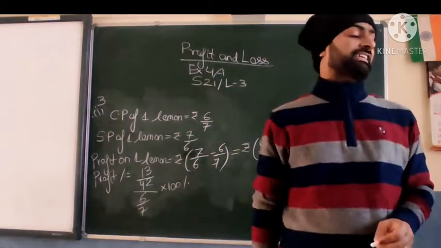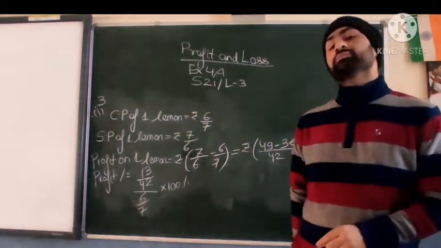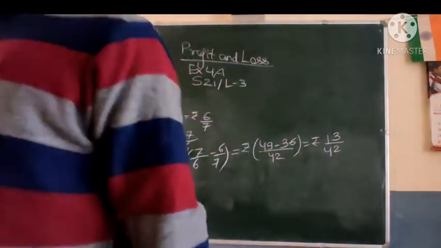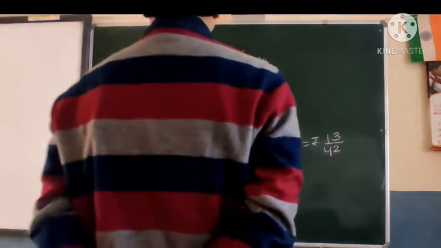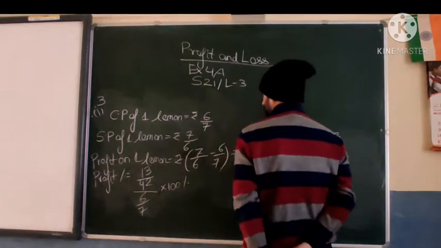See, writing this expression is important. Why am I saying so? Because you have to mention it in this format, the value of profit will be coming like this. Then you are getting a fraction in which the numerator is also a fraction and the denominator is also a fraction.